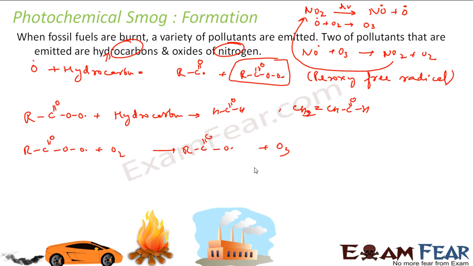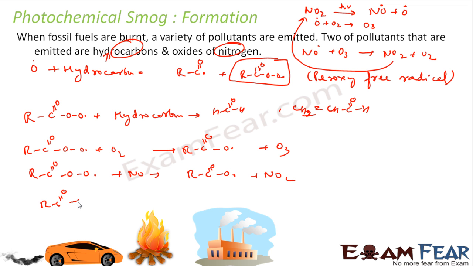So you see, if this peroxy free radical reacts with oxygen, it will form a free radical and ozone, so the ozone concentration will go up. Or if it reacts with NO, it will again form NO2. Or if this peroxy free radical reacts with NO2, it forms PAN now.